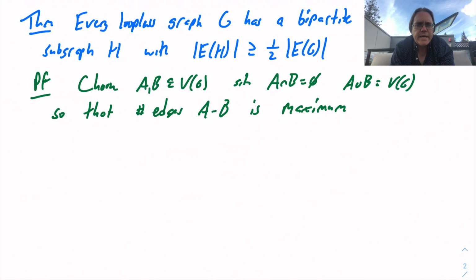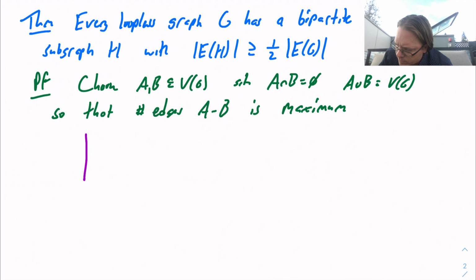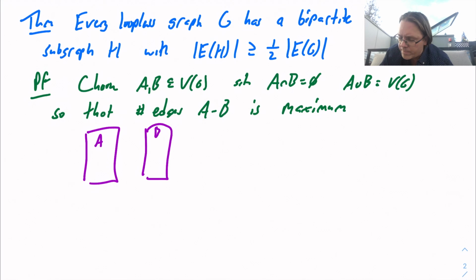Okay, and now what we're going to do is investigate what happens at a single vertex. But it'll be helpful to go ahead and, well, let me draw a picture. So here's our set A. Here's our set B. And I want to consider a vertex and think about where the incident edges are.